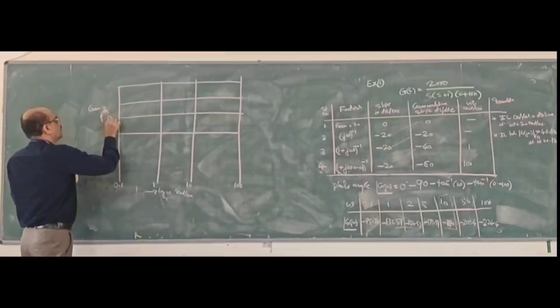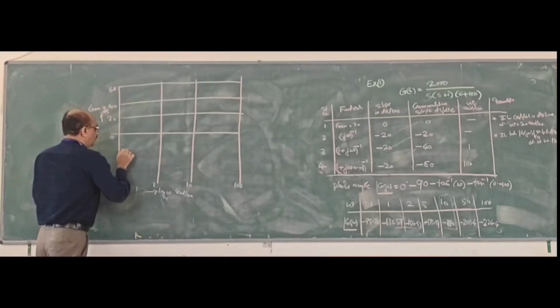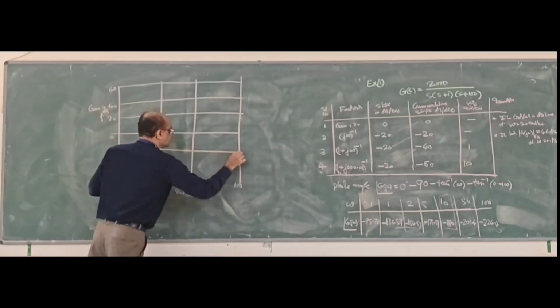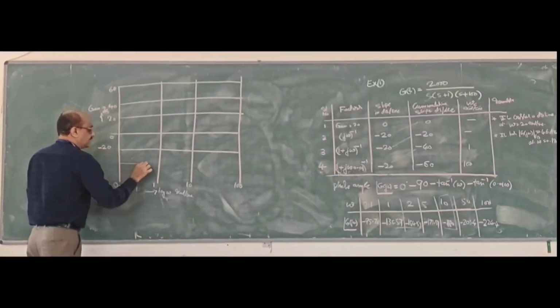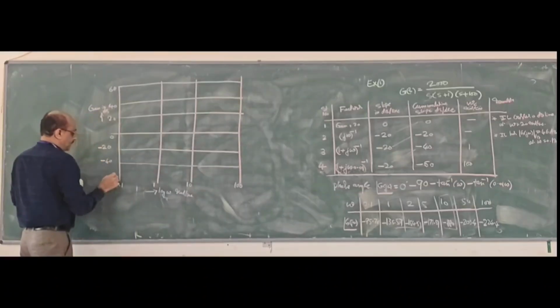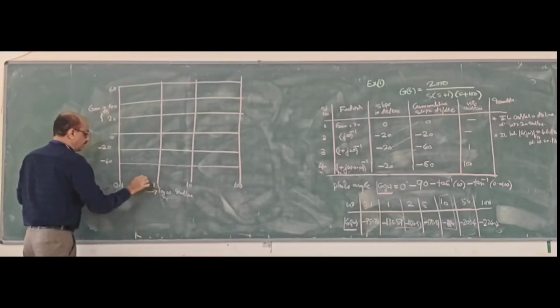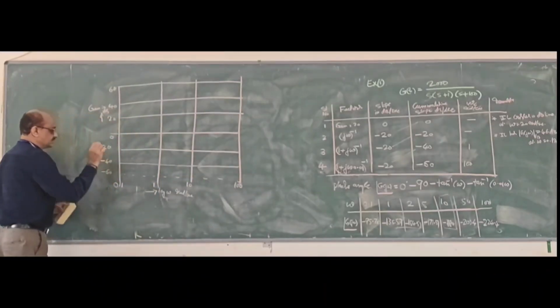Start with 0 dB, plus 20, 40, 60 dB. Below, you mark minus 20 dB, here minus 40 dB, and then here the minus 60 dB line.